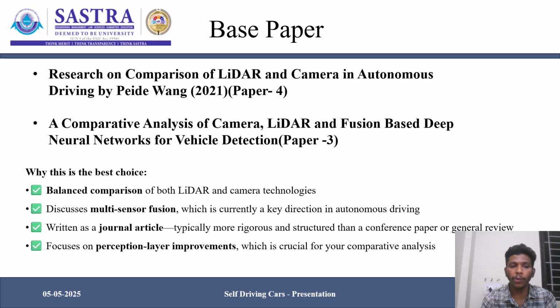Then I went through the comparative analysis of camera, lidar, and fusion-based deep neural networks for vehicle detection. In this paper, they mainly focus on real-time comparison and technical aspects rather than theory. So I need to fuse these two papers and take them as my base paper.